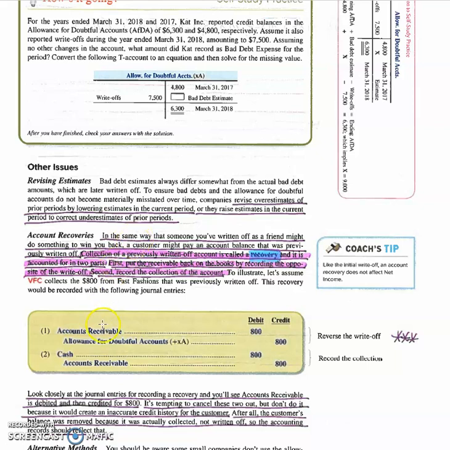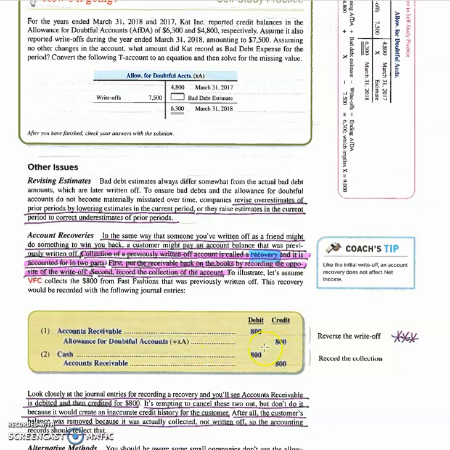So they come in and pay us the $800. What do we do? The first thing we do is reverse the entry where we wrote off their account receivable. So we debit accounts receivable and credit allowance for doubtful accounts. That puts the $800 account back on the books. It also puts that $800 balance back in the allowance for doubtful accounts.